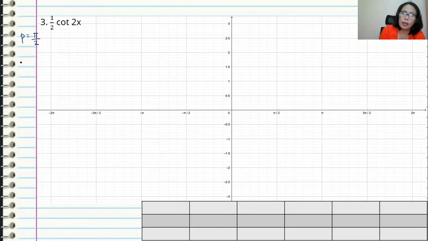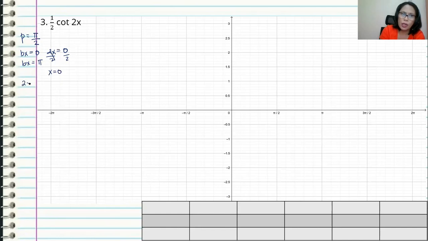And the adjacent vertical asymptotes are given by bx equals 0 and bx equals pi. Now, our bx here is 2x equals 0. So we divide both sides by 2. So x equals 0 is one vertical asymptote.